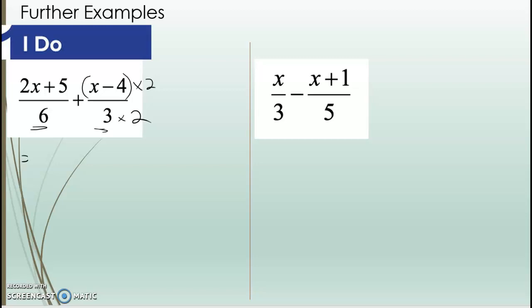So that next line becomes 2x plus 5 over 6 plus 2 lots of x minus 4 over 6. Now I'm going to expand that second bracket.